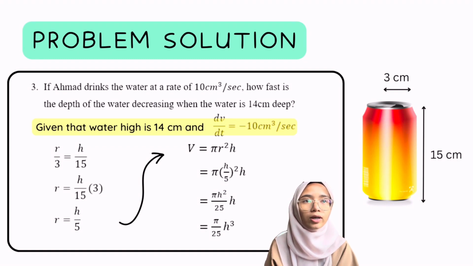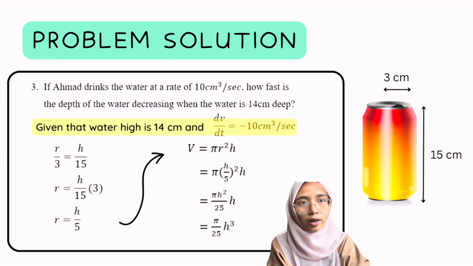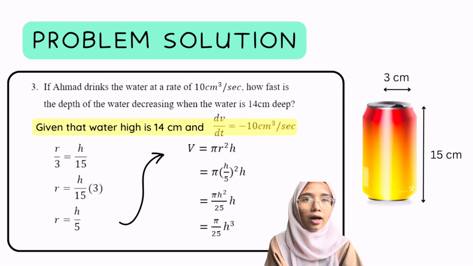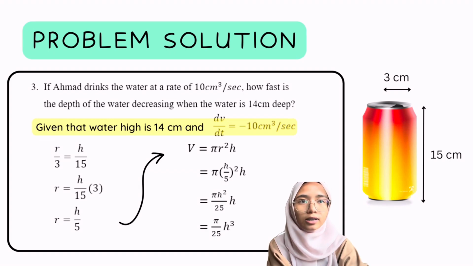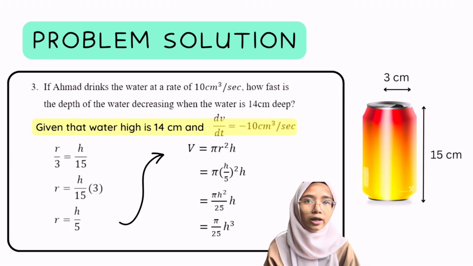The 3 and 15 we can see in the question given, because for the beverage can, the radius is 3 and the height is 15. So r divided by 3 is equal to h divided by 15, and from that, we get r equal to h over 15 multiplied by 3. So the answer is r equals h divided by 5.